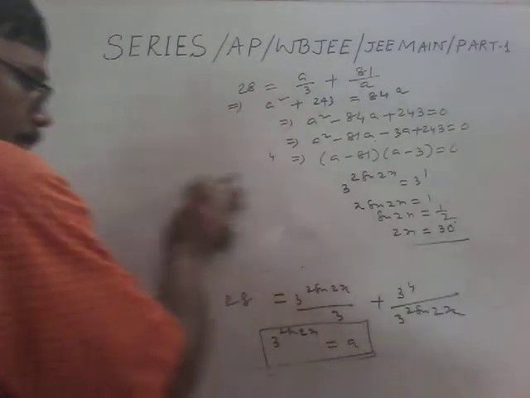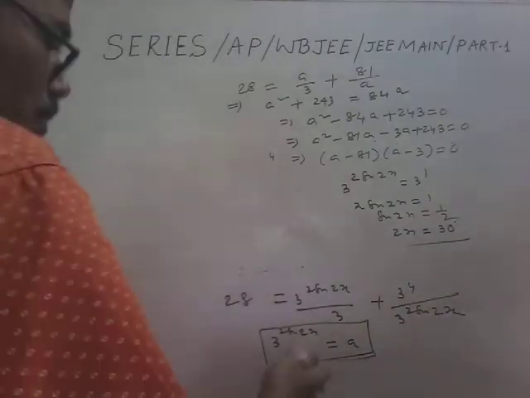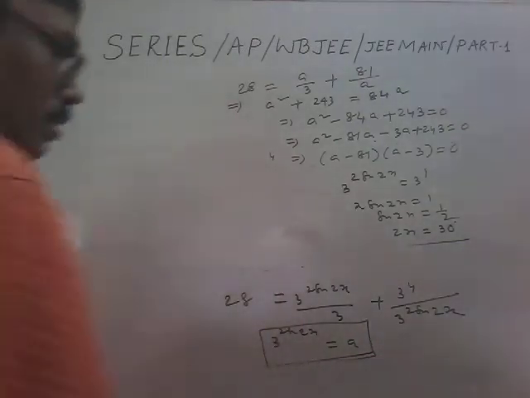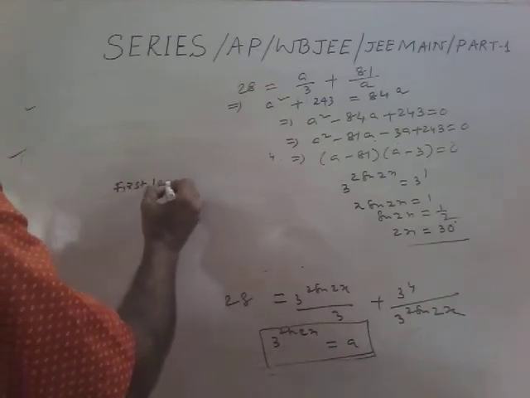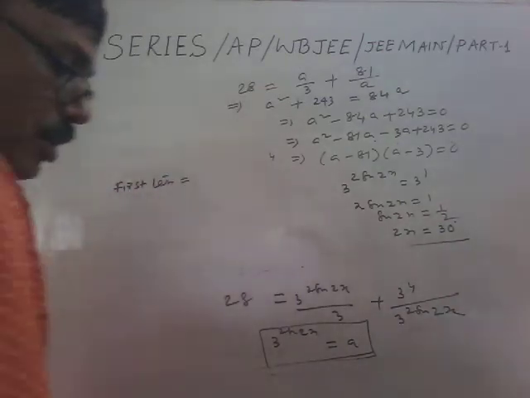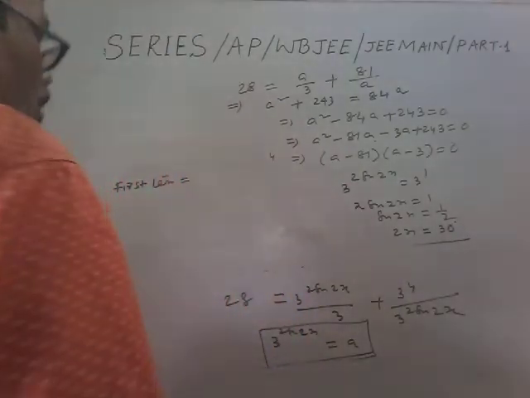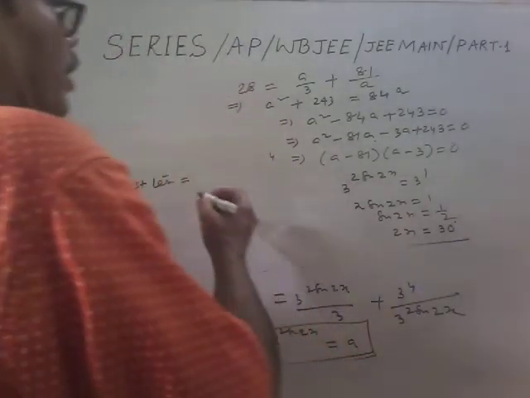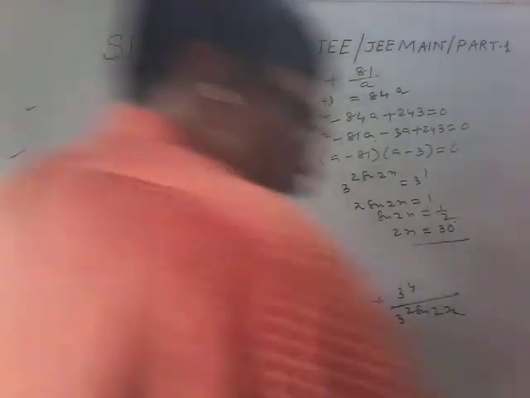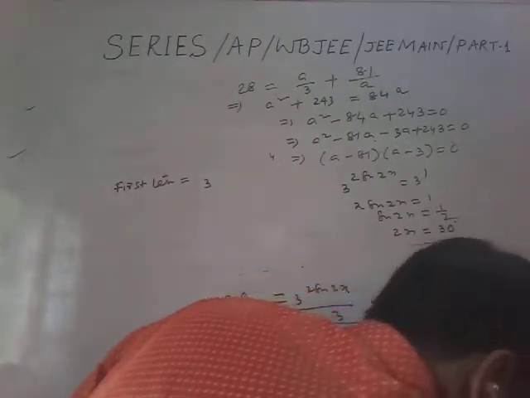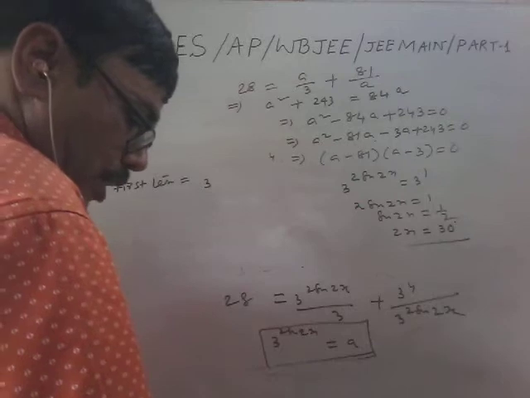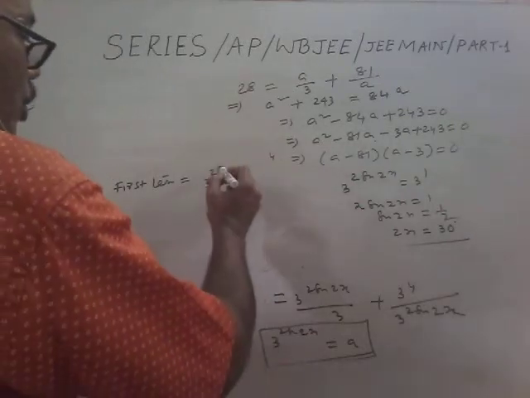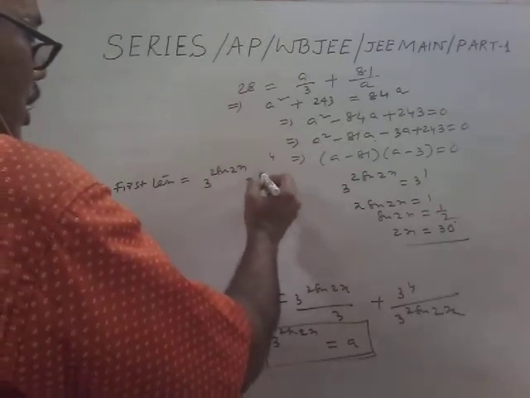Then you get the first term. So what is the first term? The first term is 3 to the power 2 sin 2x minus 1.